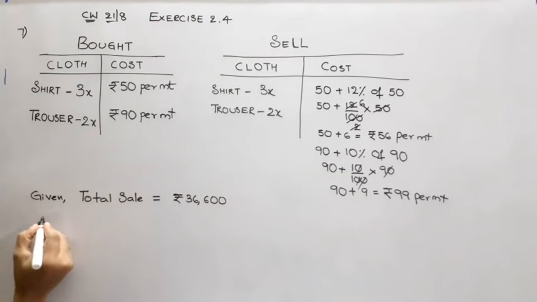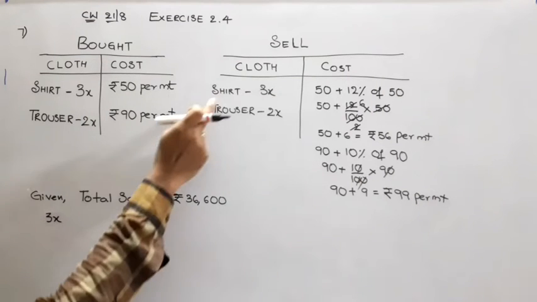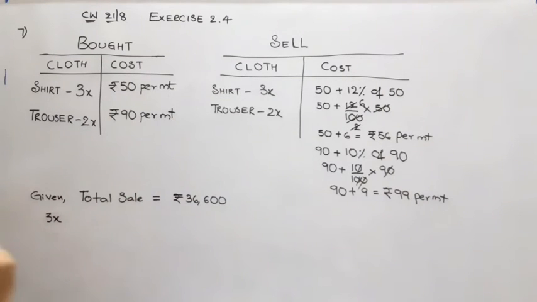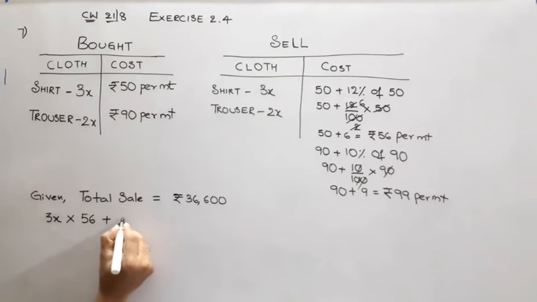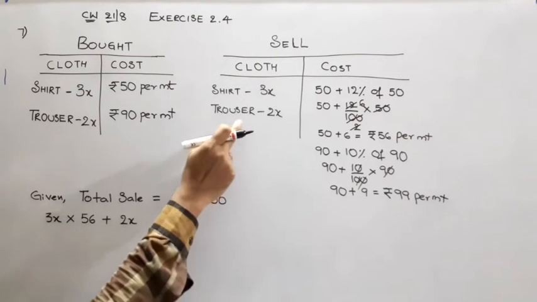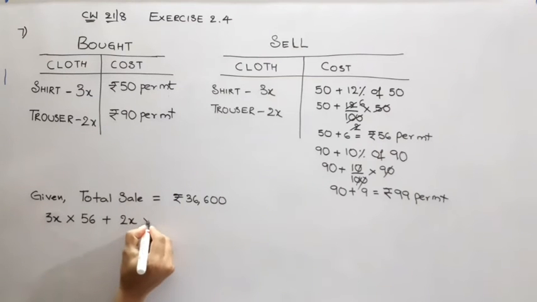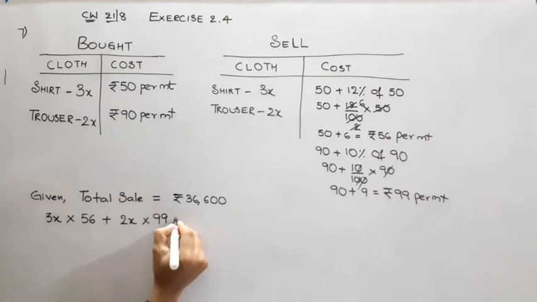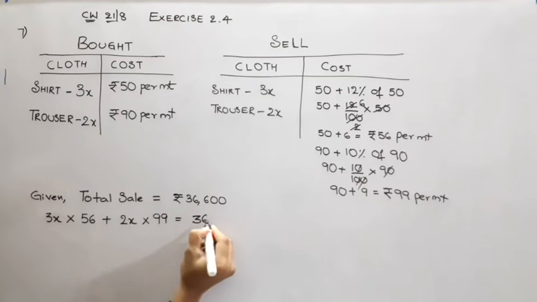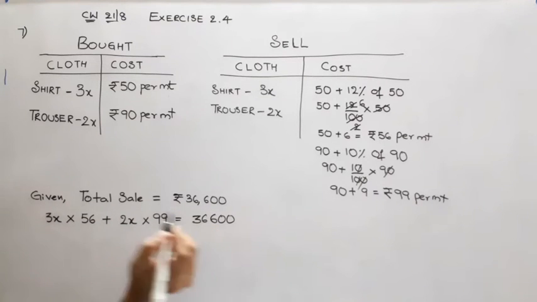I will show you, look. 3x. This is the amount of cloth he bought for shirt at the rate of rupees 56, plus 2x. This is the amount of cloth he is going to sell as trouser material at a cost of 99 per meter. So 99 is equal to 36,600.